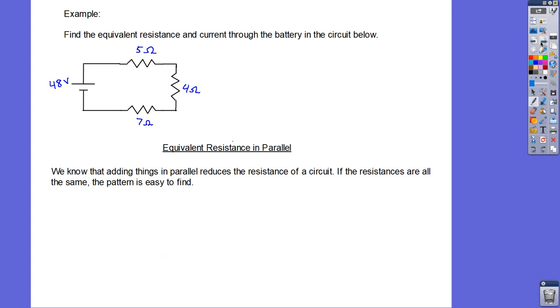Okay. So now if we want to find the equivalent resistance and the current through the battery with this circuit here, this one is pretty straightforward. If we look at this, these are in series. So Req is just going to equal 5 plus 4 plus 7, which I believe is 16 ohms.